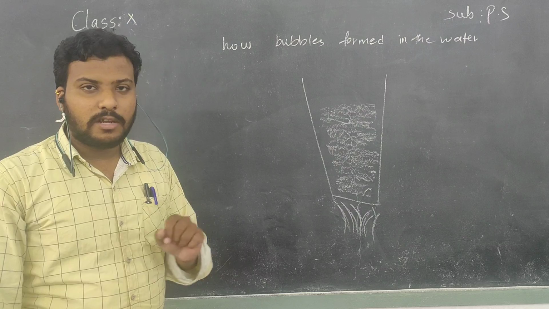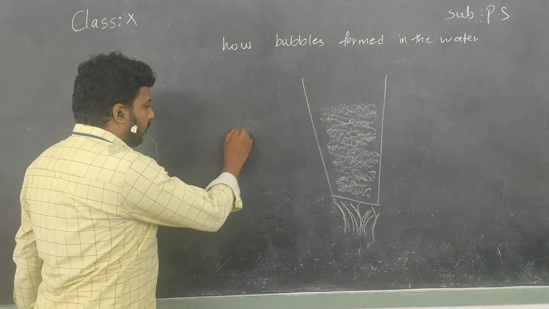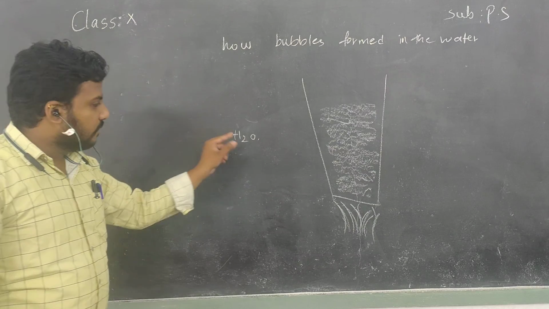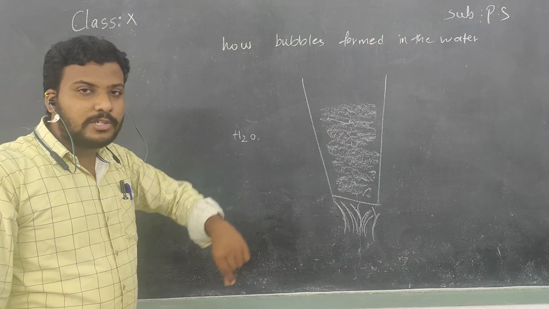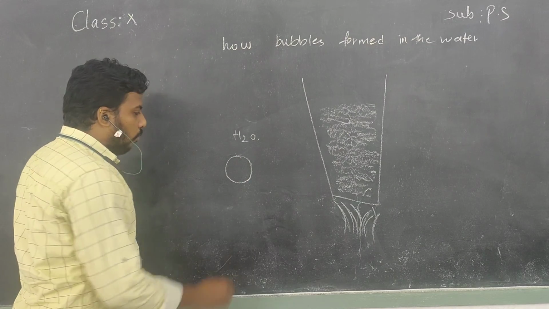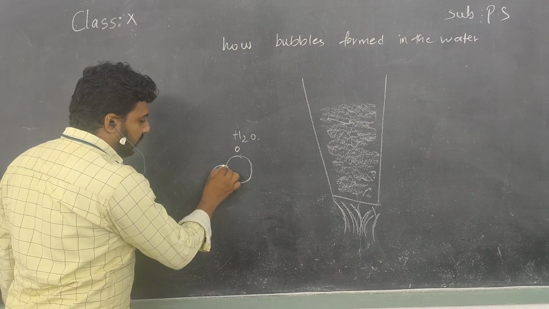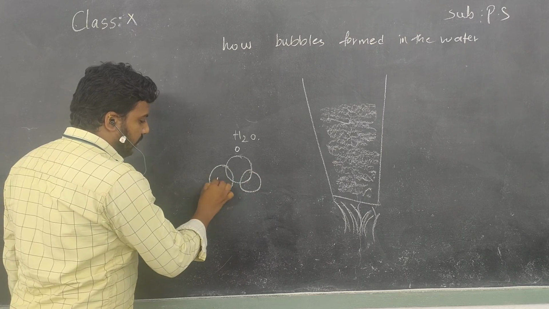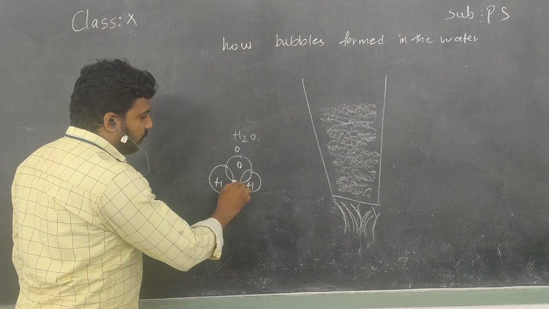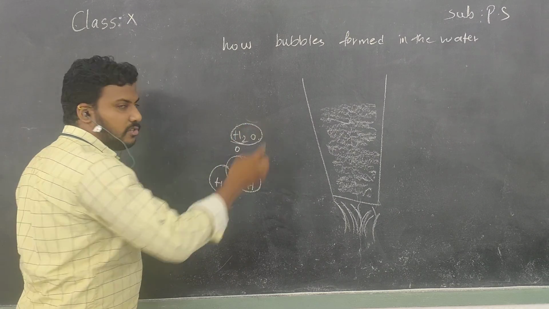That is nothing but H2O. This H2O is a combination of some atoms. Suppose this is an O central atom, and two H atoms are combined, children. Understand? These three atoms form one molecule, that is H2O.